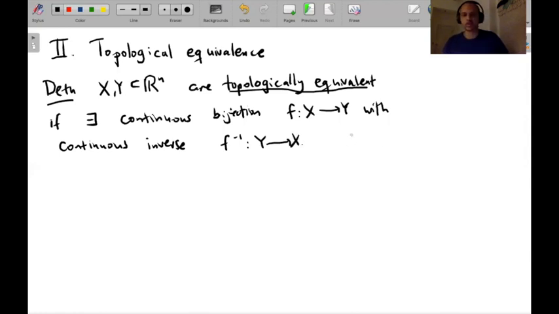And in this case, we'll write X topologically equivalent to Y like this.